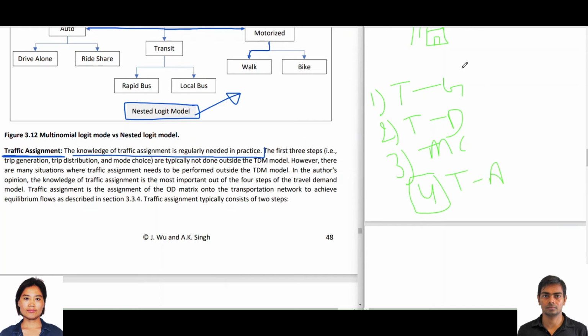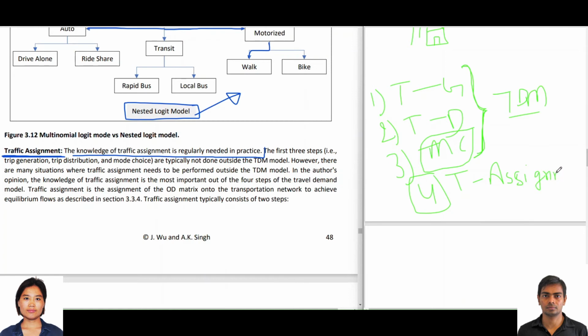Out of all these four steps, these three are kind of limited to TDM, travel demand model. Mode choice is a part of bigger choice models where it's used in advertisement and other things. But in general, the discussion of these topics is limited to travel demand modeling itself, whereas traffic assignment is used in other parts of traffic operations as well.